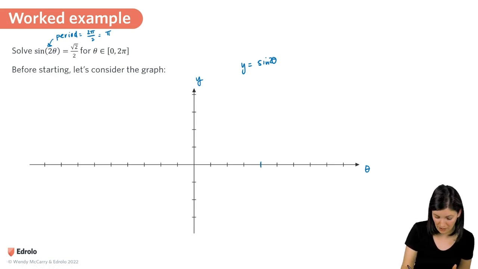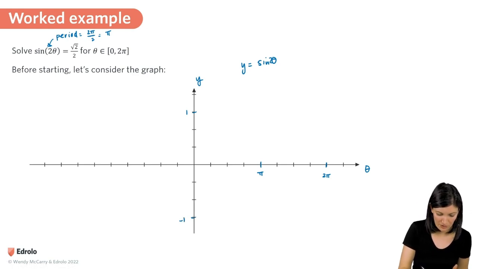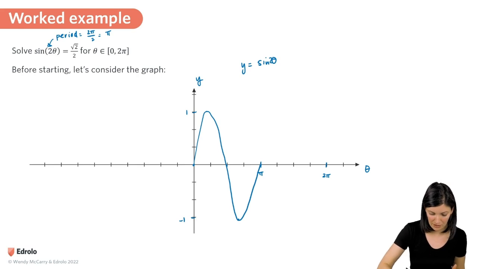Let's label this as pi and 2 pi, and my amplitude hasn't changed, so I'm just going between 1 and negative 1 again. Now I know that sine starts at 0, 0, and I'm just going to draw a few little dots in here to give me an idea of what my graph looks like. So this is the first cycle of the graph, okay? And then I'm going to have another identical cycle.